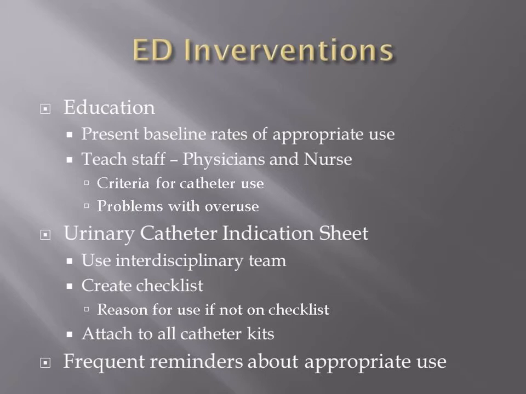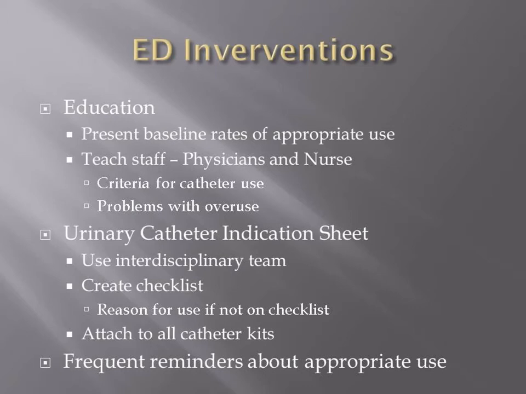So here are some ED interventions that can be implemented to help decrease catheter use and decrease catheter-associated infections. Education is important, extremely vital, and by giving the staff baseline rates of appropriate use, you could help them determine whether or not in the future a catheter needs to be placed.